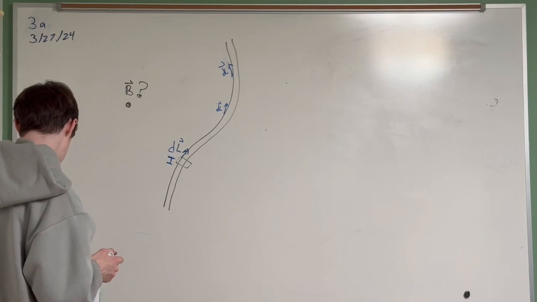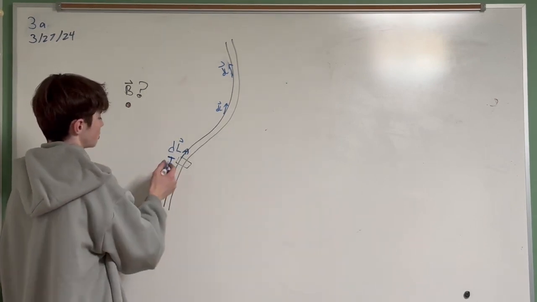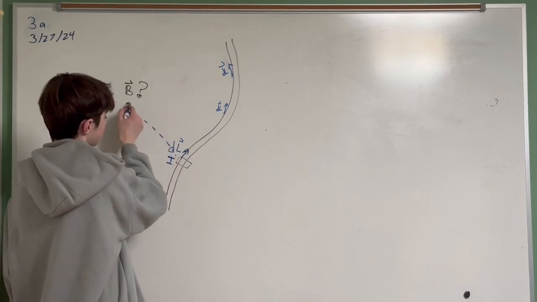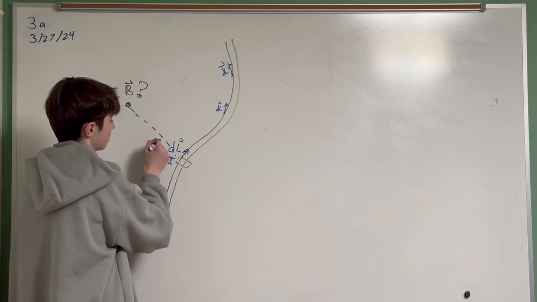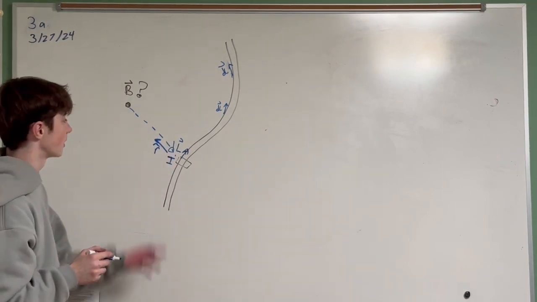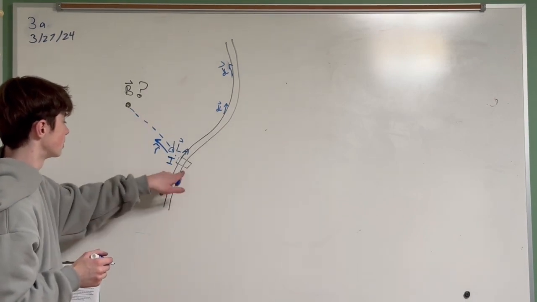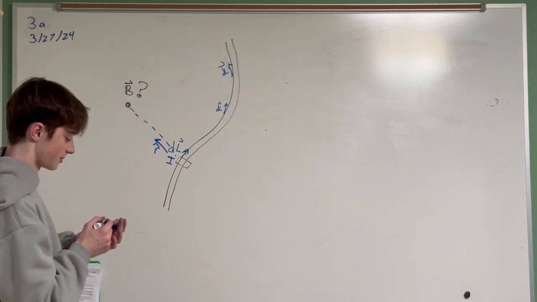And finally we have a direction vector to the point we're measuring. If we draw a little dotted line here, that represents the direction, and we draw a little unit vector here, that's r hat, which is the radius direction between the wire and the location that we're trying to measure the magnetic field at.